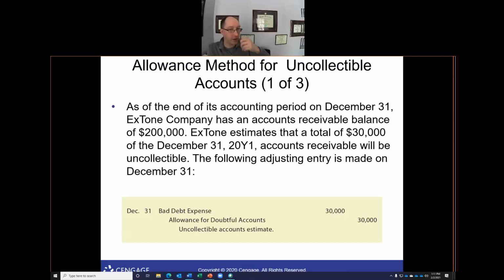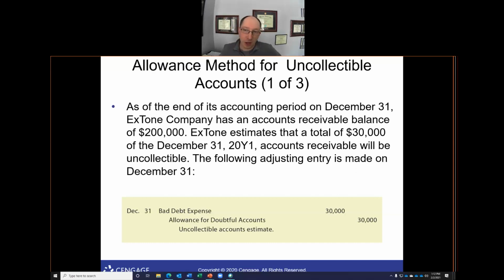Yeah, absolutely, my pleasure. So for the allowance method for uncollectible accounts or doubtful accounts, the way it works is larger companies typically will estimate that a certain percentage of their accounts receivable won't be collected. You know, things happen to customers, they disappear, they don't pay the bill, whatever.